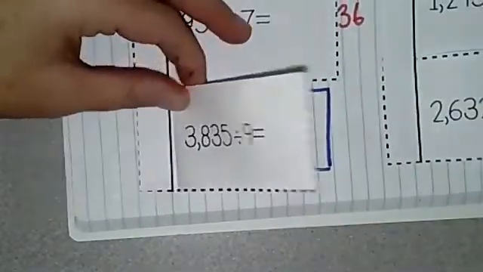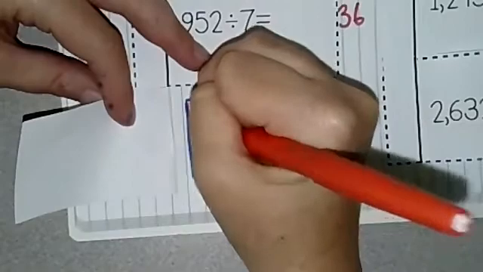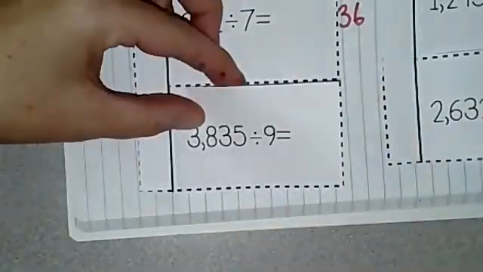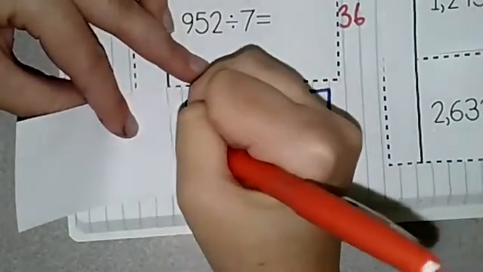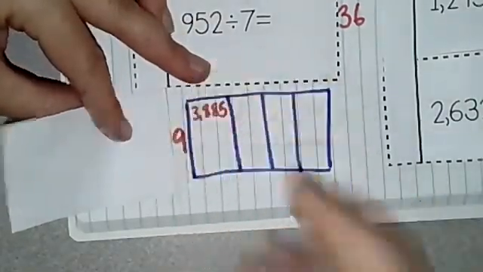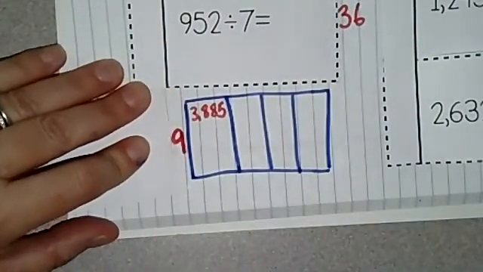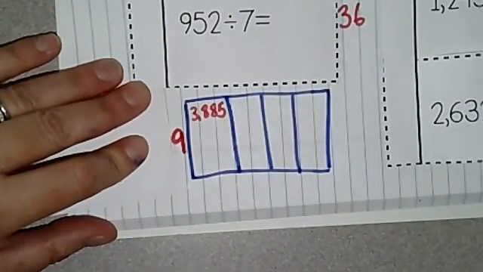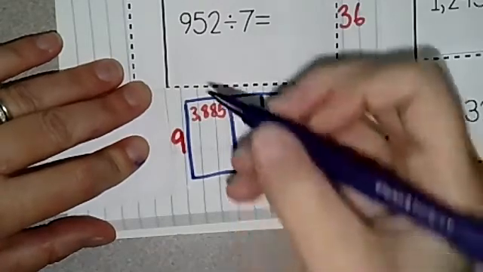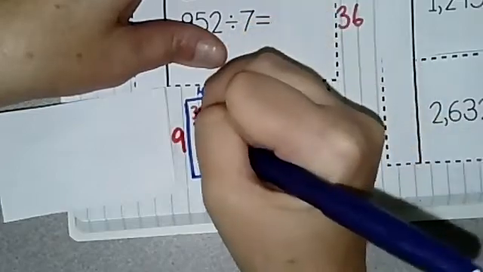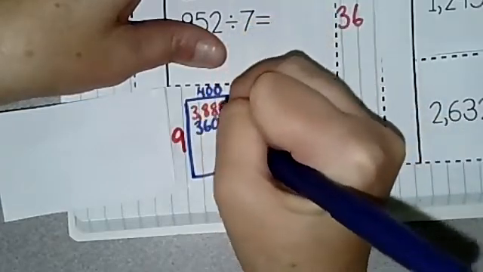All right, in my first box, I have 3,885, and I'm dividing it by 9. This is probably the hardest one. All right, what number times 9 is going to be really close to 3,800? We think, Elise? 400. Very good, because 400 times 9 is 3,600.